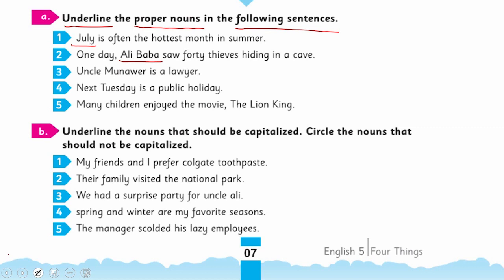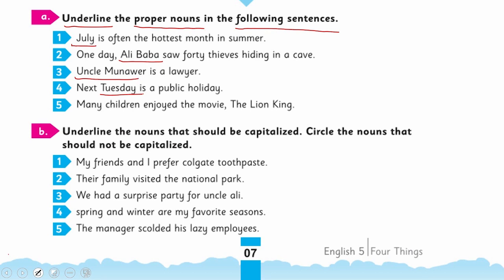A proper noun. In the third sentence: Uncle Munawwar is a lawyer. Here Uncle Munawwar is a specific person, not a general person. That is why it is underlined as a proper noun. The fourth one is: next Tuesday is a public holiday. Here Tuesday is the name of a day. That is why it is a proper noun.